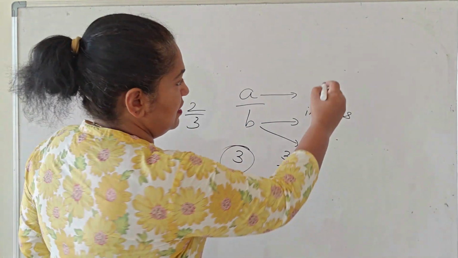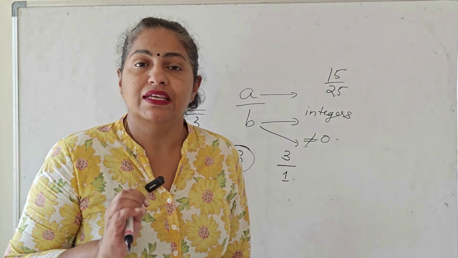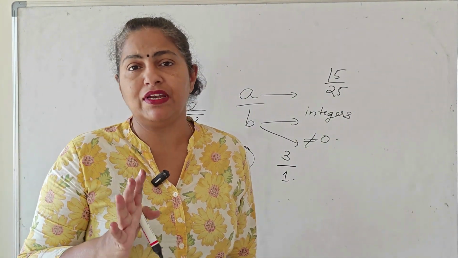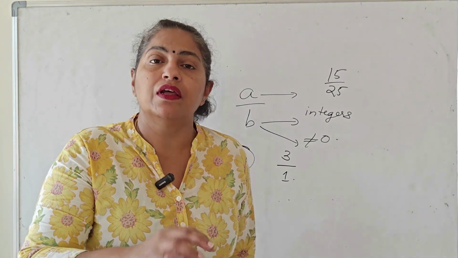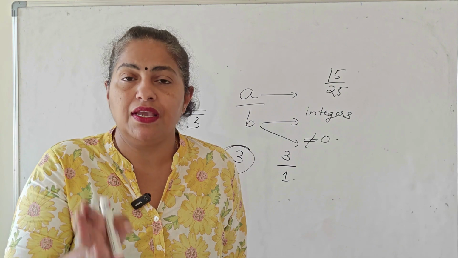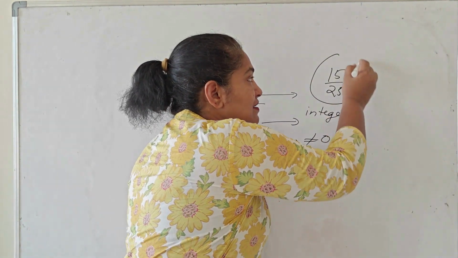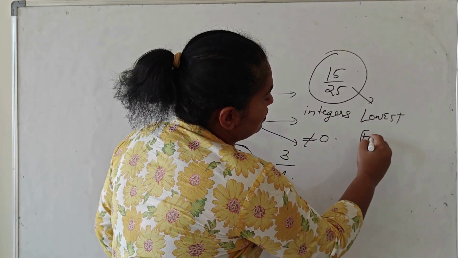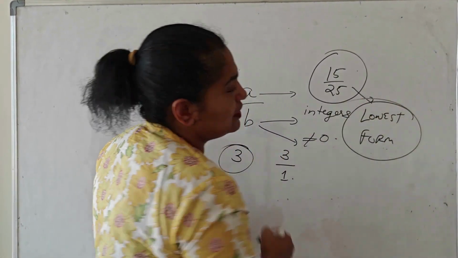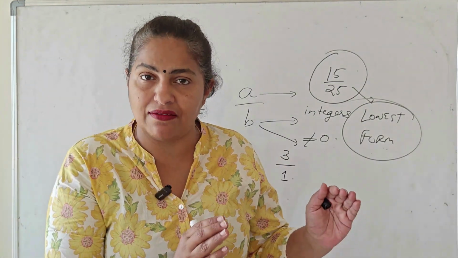Let us check. 15 by 25. Is it a rational number? It is definitely a rational number, but is it represented in the proper form? Whenever you are representing a rational number, you have to ensure that it is in the lowest form, which means that the common factors in the numerator and denominator have to be cancelled out.